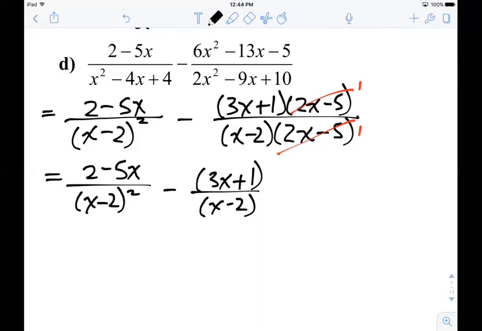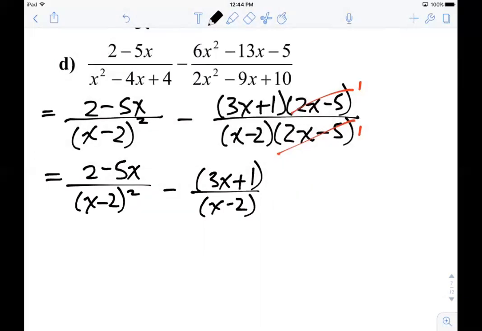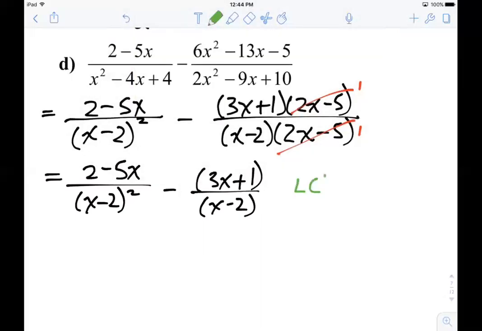Well, our first big rational has two factors of x minus 2 in its denominator, whereas our second rational just has one factor. But that means as long as we include two factors of x minus 2, that's going to be our LCD. So our LCD in this case is x minus 2 squared.